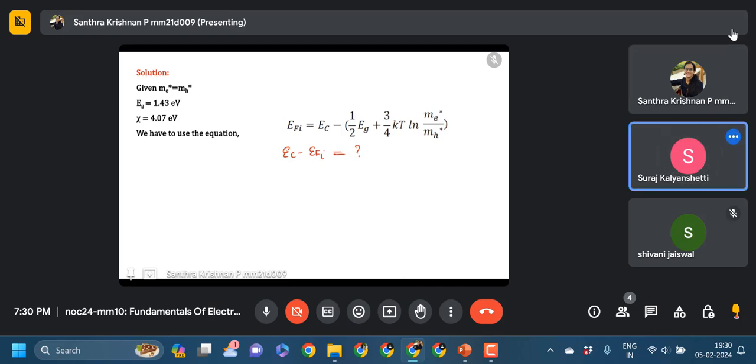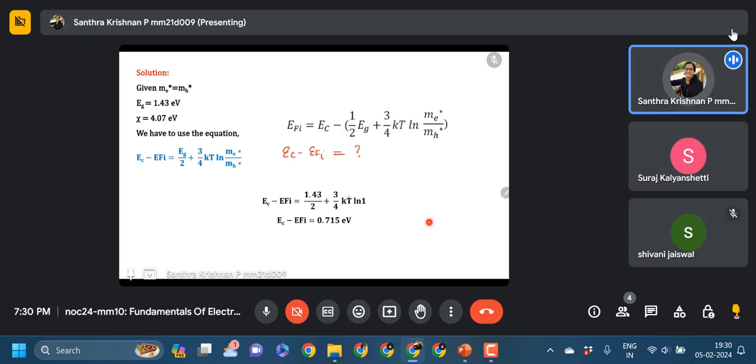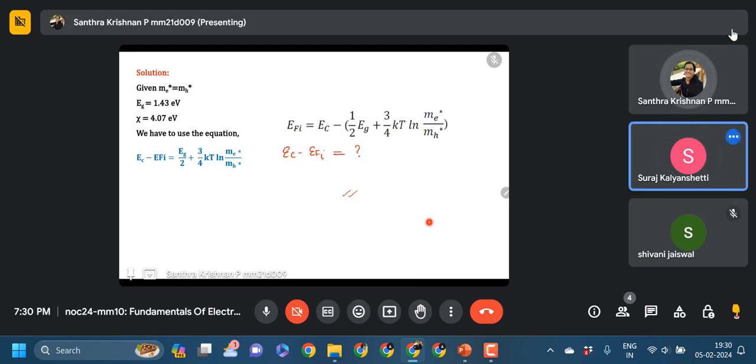K is 300 Kelvin, you said? No, K is the Boltzmann constant, right? T is 300 and K is the Boltzmann constant. So what is that number? Okay, it is 1.38 into 10 to the power minus 23, if I remember correctly.